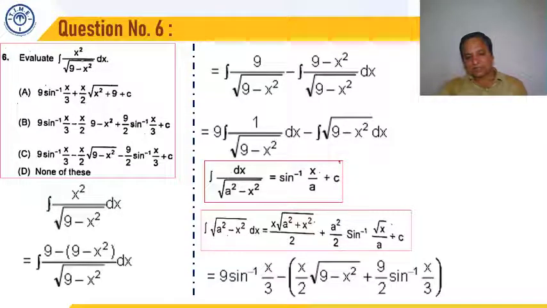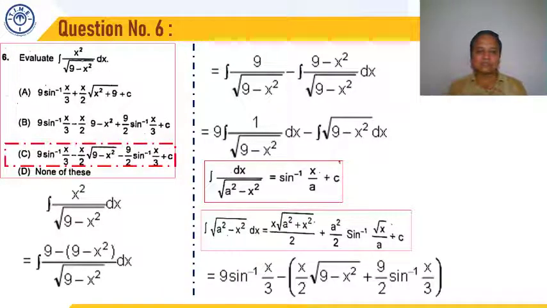Let's apply this. So 9 sine inverse x by 3 minus x by 2 root 9 minus x square, plus 9 by 2 sine inverse x by 3, and minus sign is there outside the bracket. And if we simply look at the choices, we had our answer as choice C.